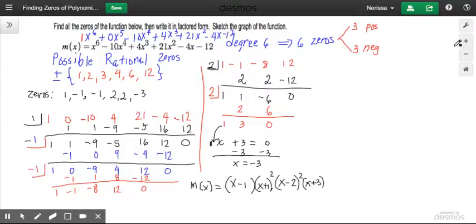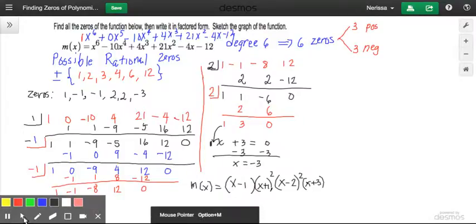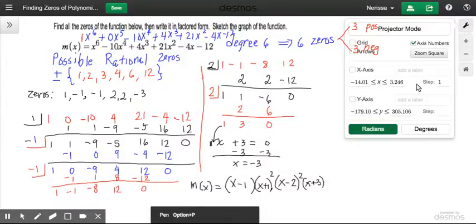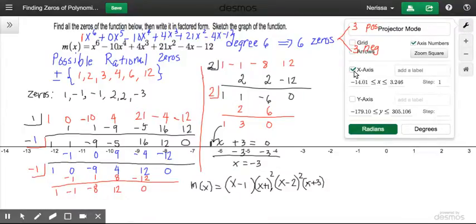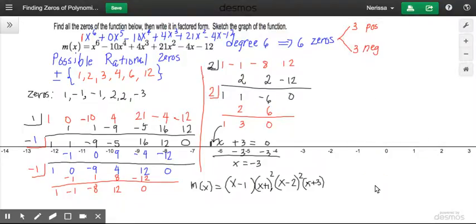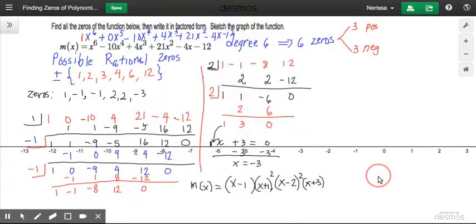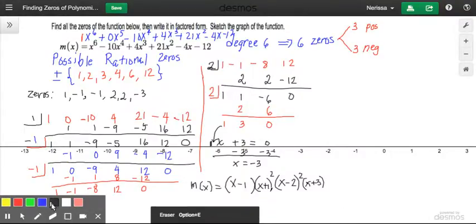Okay, now we're ready to graph. All right, so we have here the x-axis. Let's mark all the x-intercepts.